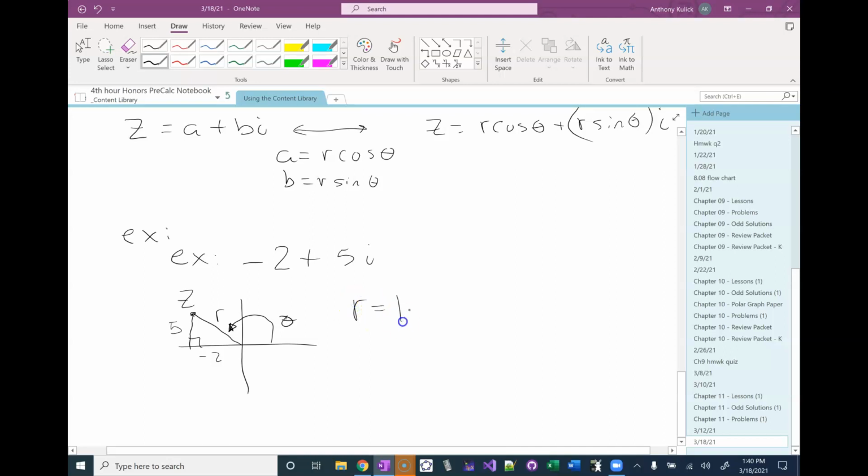Okay. r is the same thing as the absolute value, or the modulus, of this complex number. So that's just going to be 2 squared plus 5 squared, square rooted. So that's the square root of 29. Everybody happy there? And then theta I can't find directly, but I know that theta is going to be 180 minus this alpha.